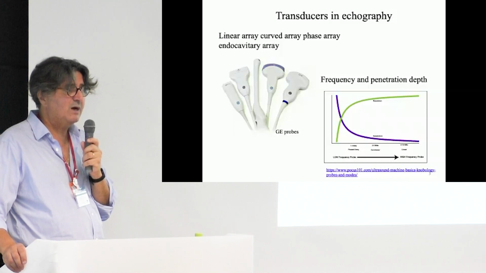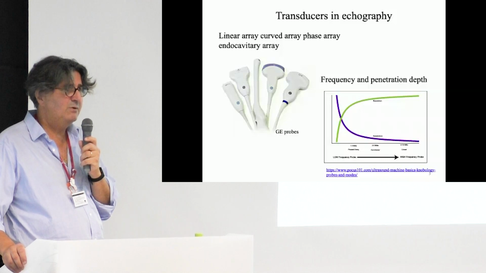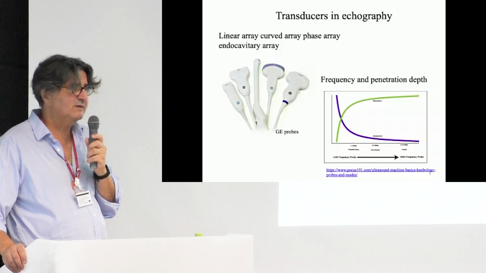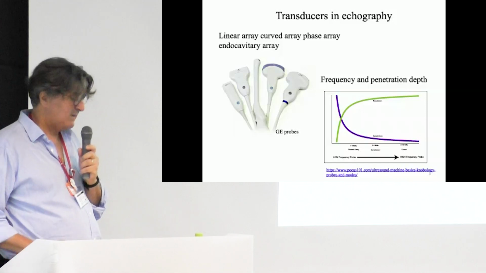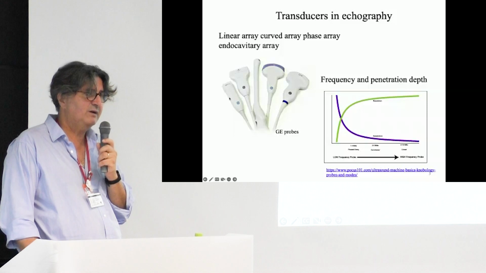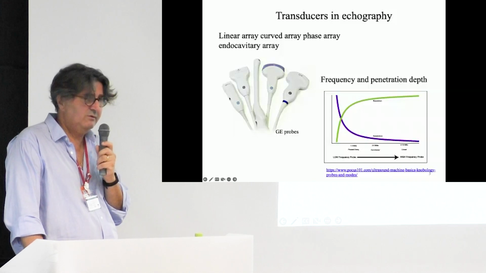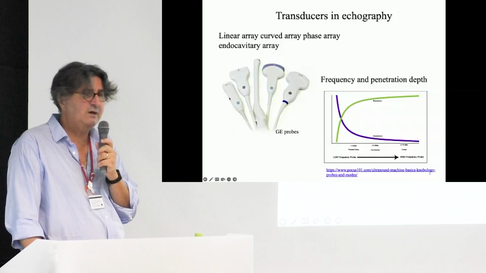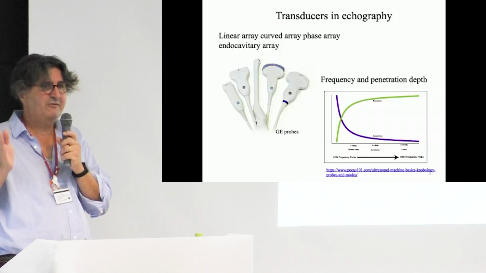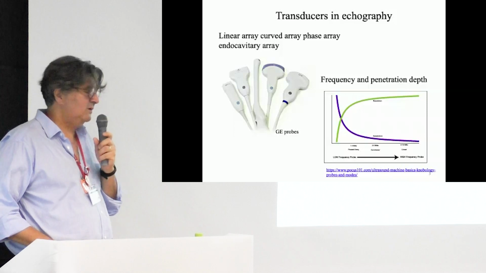And these probes are used, for instance, for muscles analysis or tendon analysis and study, and so on. And you have one specific probe, which is the phased array transducer, which is used for echocardiography, where you have both focusing and deflection to image the heart.